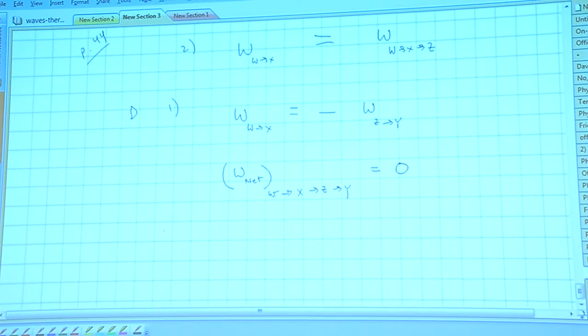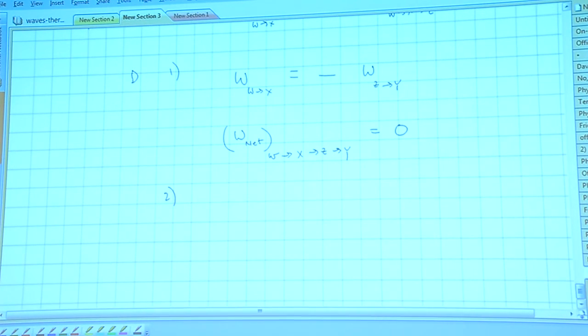This is number 2. Suppose the particle travels from W to Y along the arc shown. Is the work done by the electric field, traveling a path like that, positive, negative, or 0?